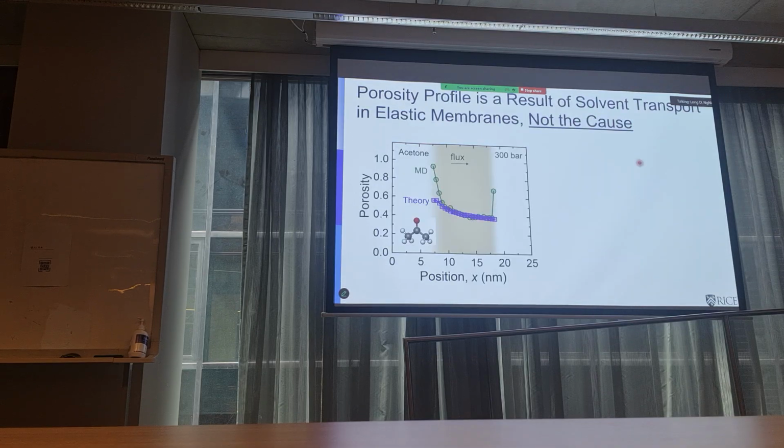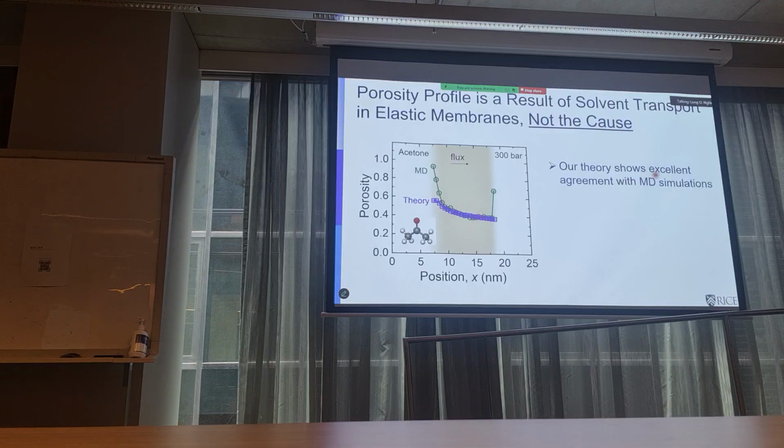So now let's see what we get from the theory we derived from the extended Flory-Renner. Let's look at the porosity across the membrane. We measure the solvent content. Remember, we showed the simulation gradient because of the compaction. When we use our theory, Flory-Renner with the right viscous flow through it, we get exactly the same behavior.